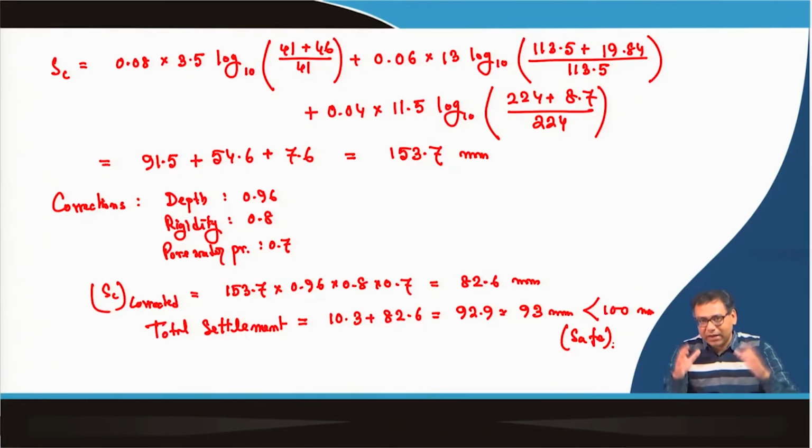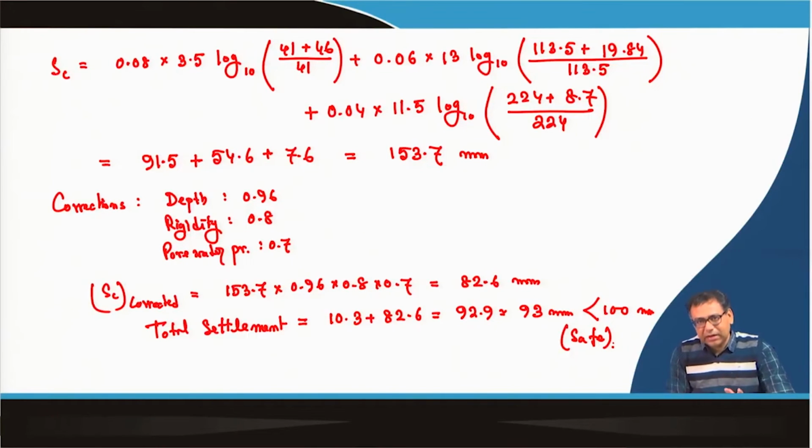So, the dimension that we have chosen for the first trial, we can provide that dimension of the foundation. Suppose this settlement is greater than 100 millimeter, then we have to do the second trial with new dimension, and we have to check whether the footing is safe or not. That means, we have to increase the dimension in that case, and we have to check whether the foundation is safe or not against settlement.